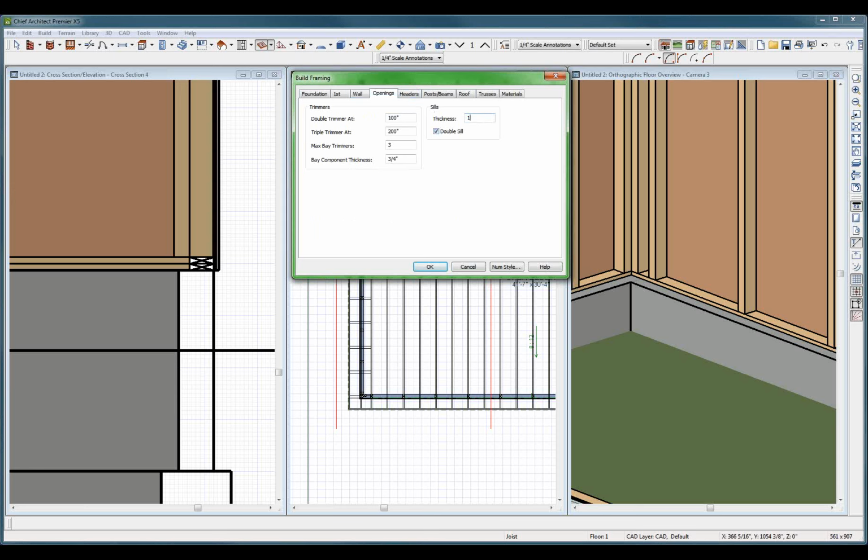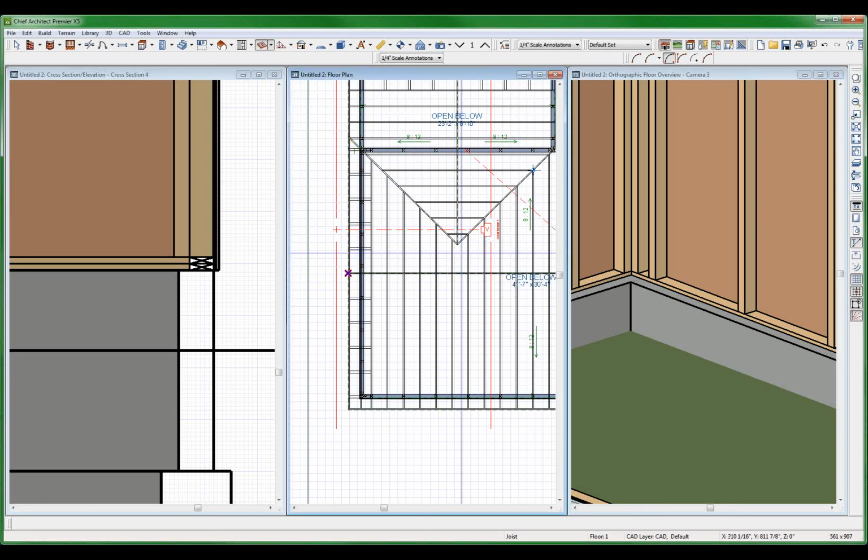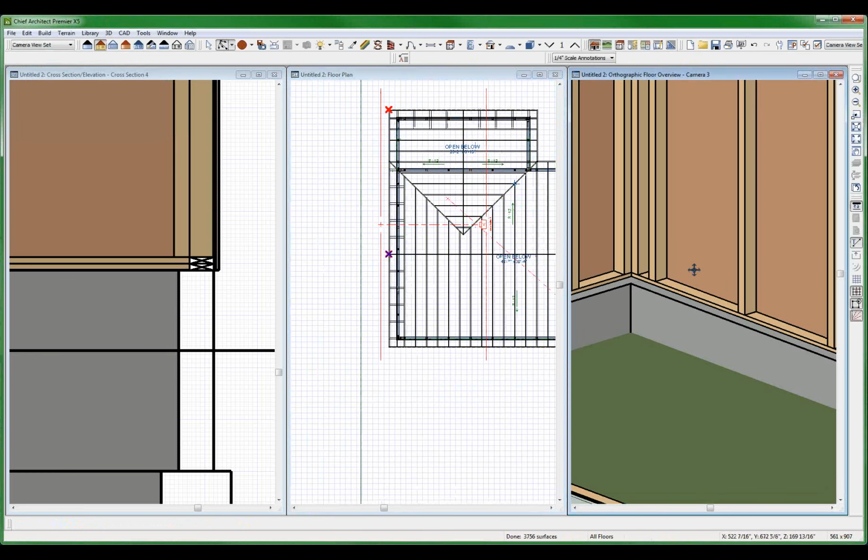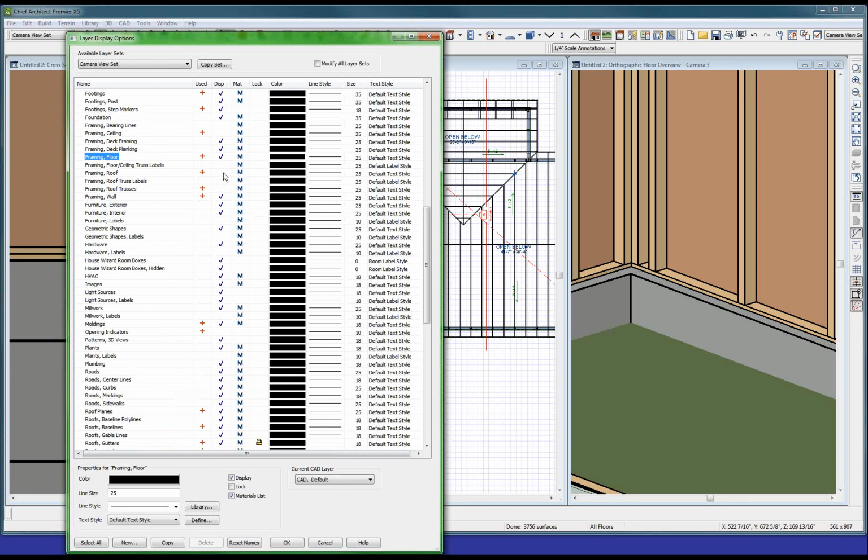Openings, double sill, 1.5. Let's see what just happens. F12. Oh, I don't know. Oh, over here, watch this. Framing. Yeah, see, I got floor framing in there.